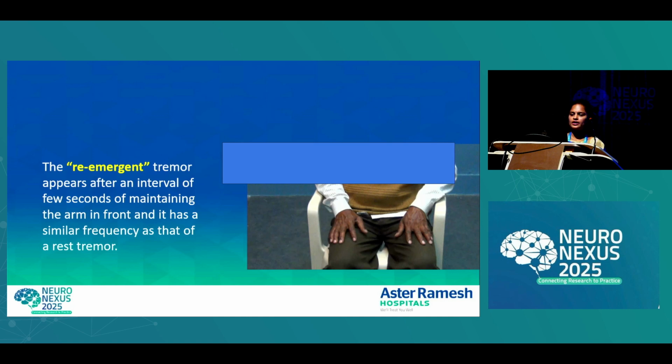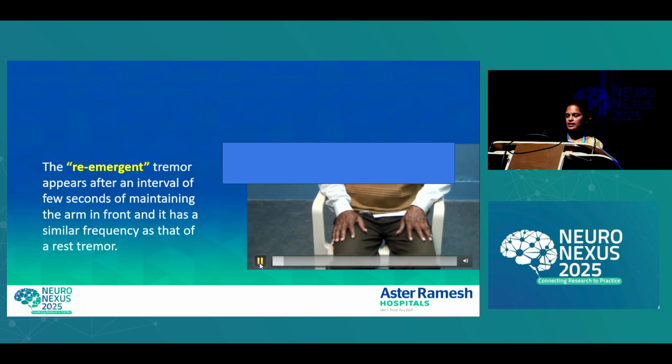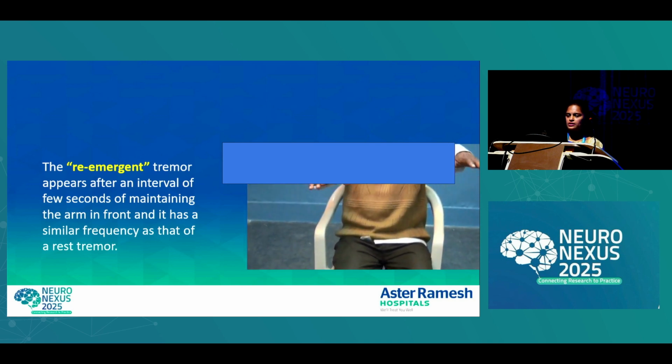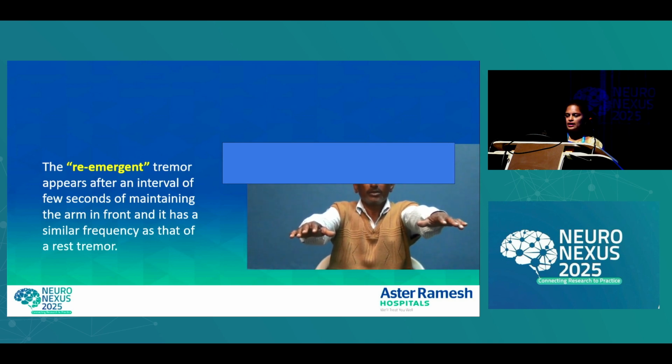Next, another type of tremor found in Parkinson's disease is a re-emergent tremor. That is, it appears after an interval of few seconds. That is, after a period of latency, tremor reappears. Here in this patient, you can observe there is a rest tremor. And on asking the patient to keep the arms in front, there is a latency.